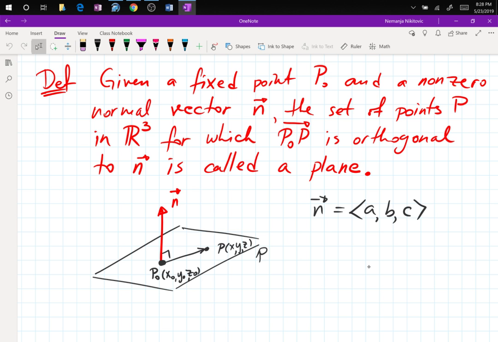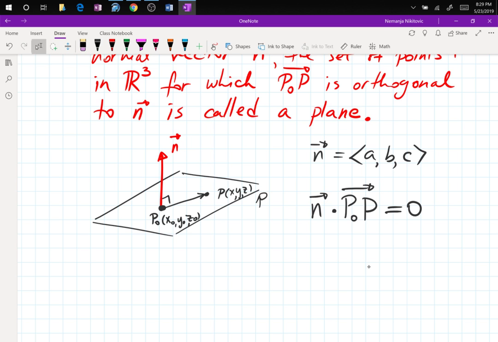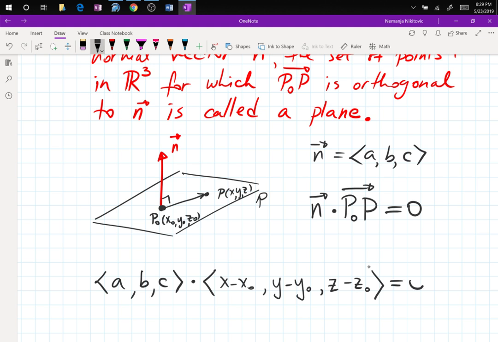Now, what do we know about the dot product for orthogonal vectors? Equal to 0. So n dotted with P0P is equal to 0. Now let's write this out. Vector n is given by a, b, c dotted with the vector P0P. Remember, we are supposed to subtract coordinates, so the x coordinate is x minus x0, y coordinate is y minus y0, and z coordinate is z minus z0, equal to 0.